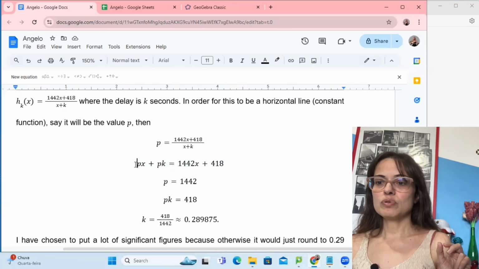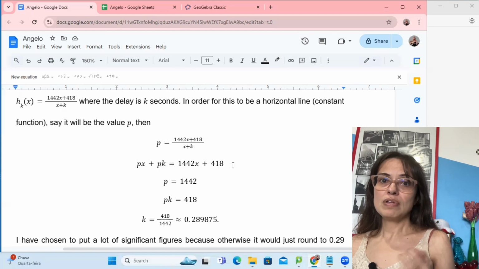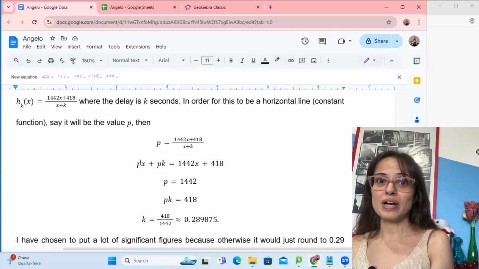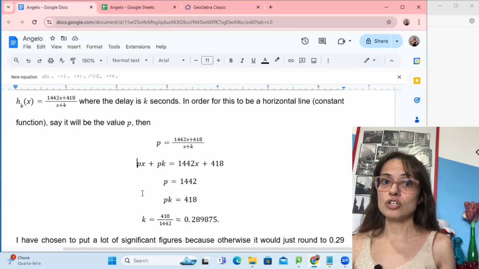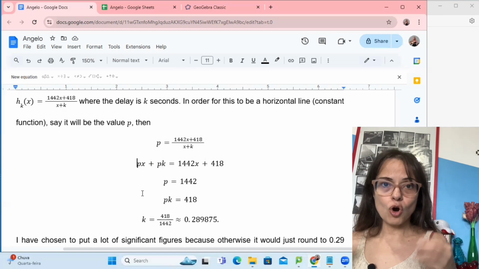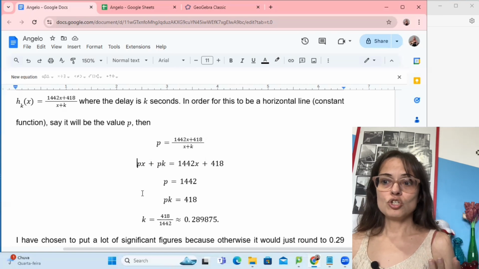The p that is multiplying the x on the left side needs to be equal to the 1442 that's multiplying the x on the right side, because the pk and the 418 don't have x, so they're not going to change as the value of x changes. But the 1442x and the px are going to change, and they have to change in the same way if the identity is to be valid for all values of x, which is what we want.